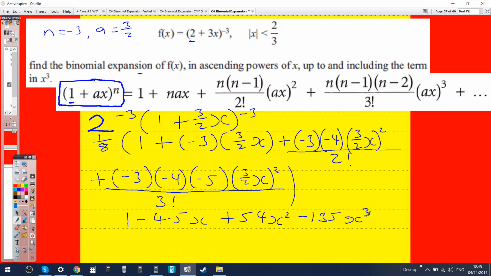Yeah, x cubed. Okay, is that it? No. There's only power of x including the term x cubed. So that's what they've asked for, and then we need to multiply everything by 0.125. Yes.